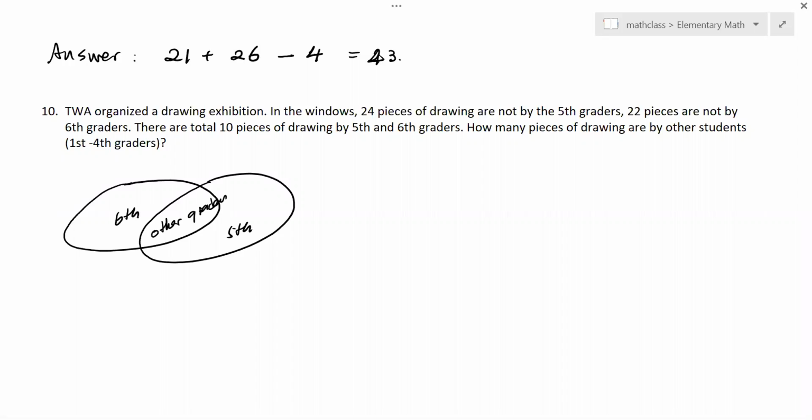So 24 pieces of drawing are not by fifth graders, so this part is 24. And 22 pieces are not by sixth graders, so the other graders plus fifth grade will be 22.